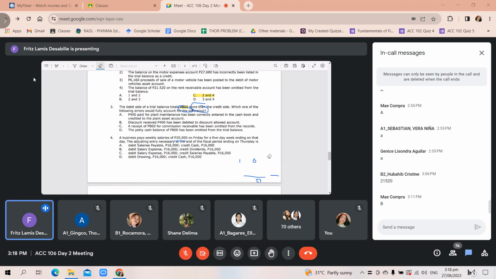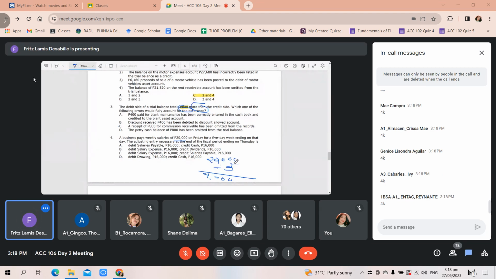Weekly salary is 20,000 and that's good for 5 days. So how many per day guys? 20,000 divided by 5. Pila man? 4,000? Correct ba? 5 times 4, 20.